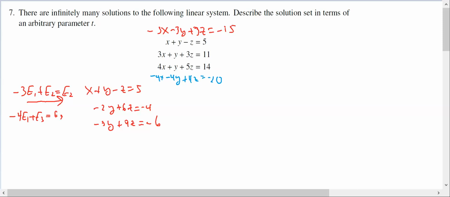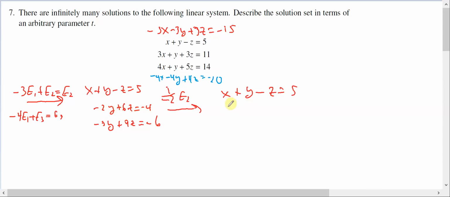Okay. So now I can adjust these equations. I can get a 1 here very easily by just dividing through by negative 2. So I'll do that first, then I'm going to end up multiplying it by something. I can do it all at once, but let me just make it look easier by taking negative 1/2 times equation 2, and that'll leave this top equation alone.